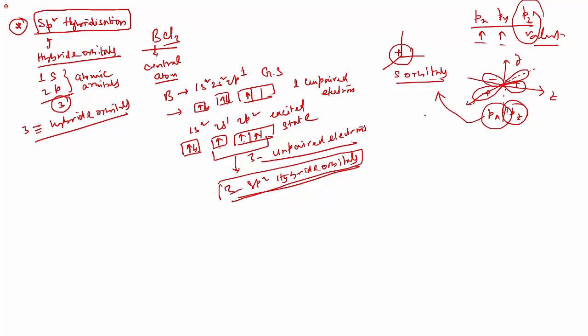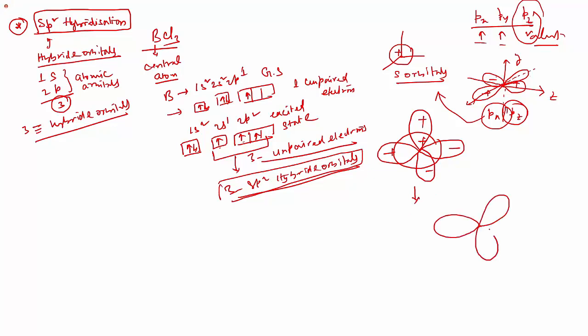Actually, this is the s orbital circle. This is fully positively charged, and this is the px orbital, and this is another p orbital. Then it will give these three sp2 hybridized orbitals. This lobe is positive, and this is negative.